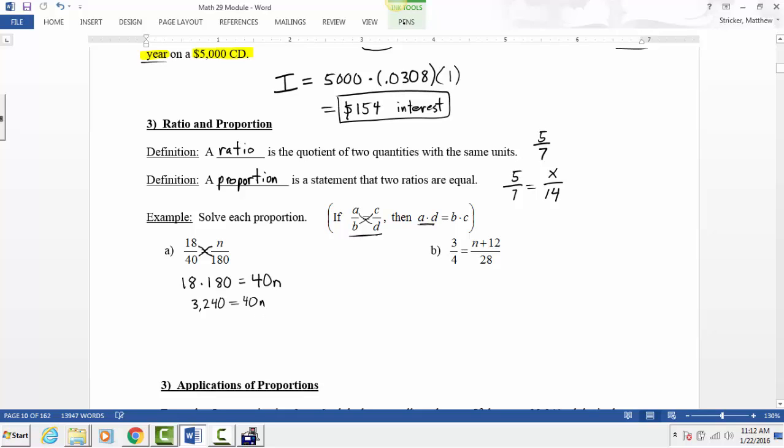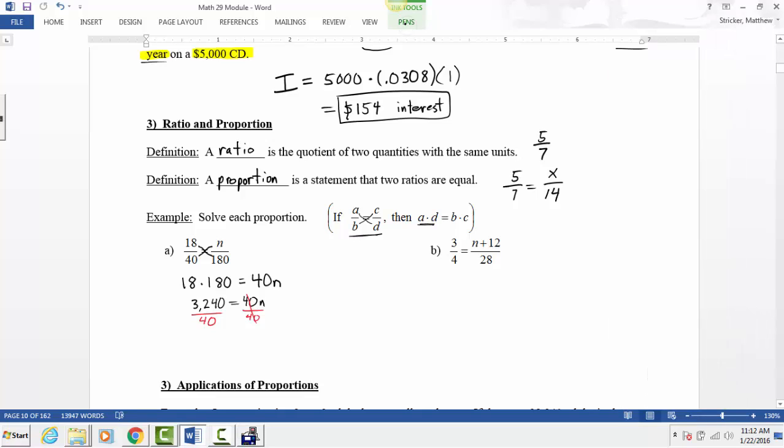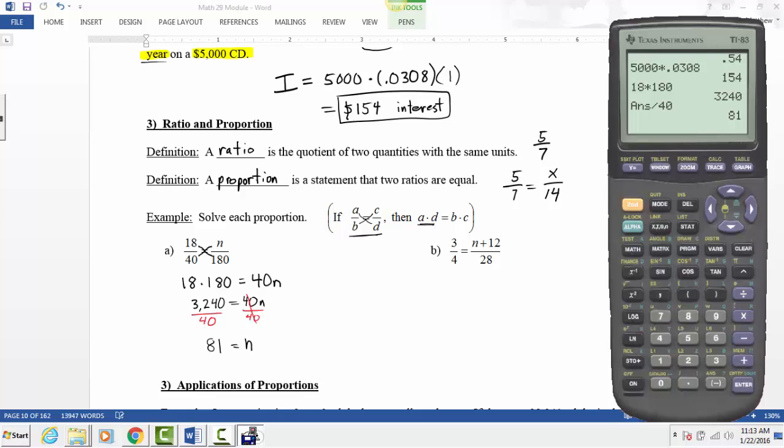And then we divide that answer by 40, and we get 81. So my n is equal to 81.